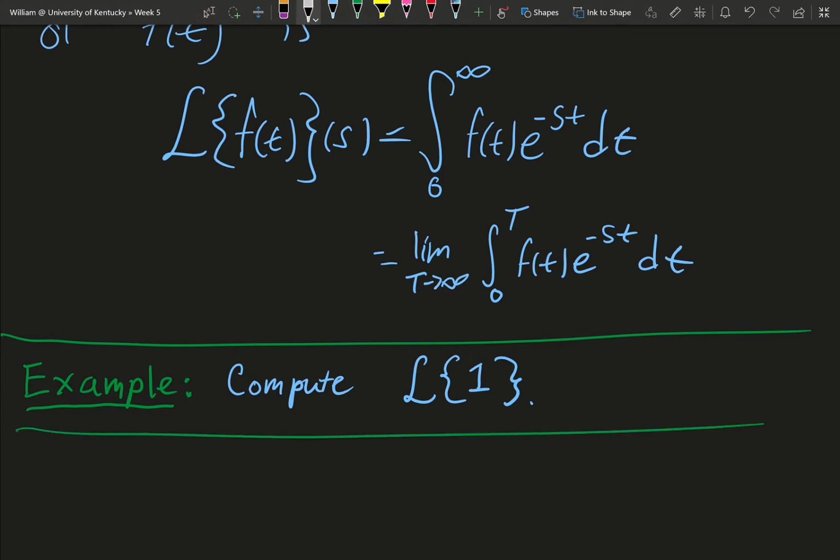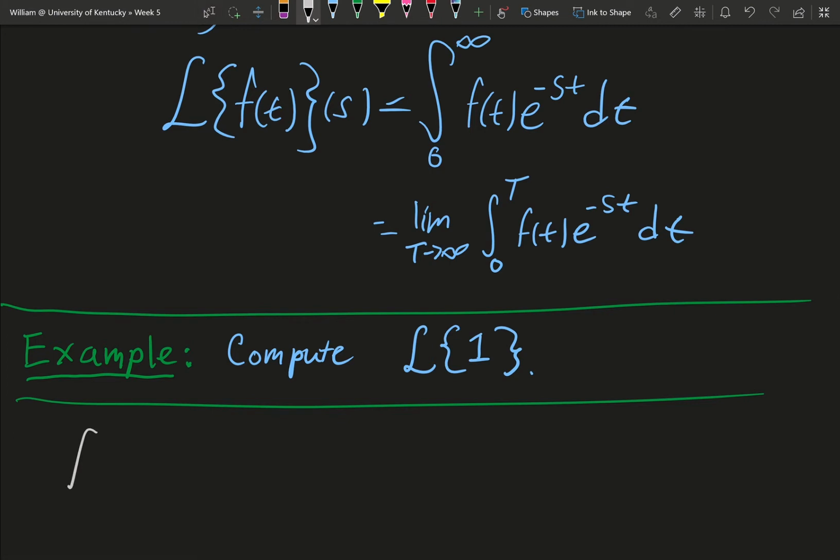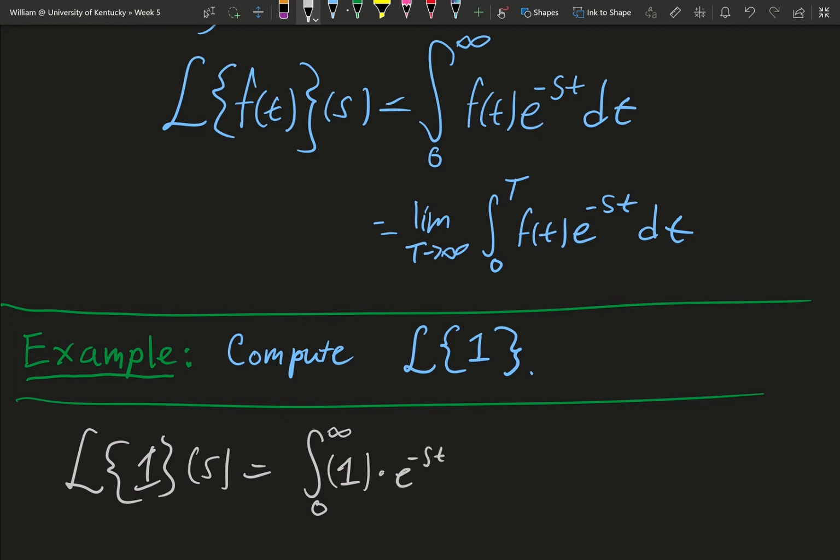You can also omit the s, but it should be there, secretly. So the Laplace transform of 1 is the integral from 0 to infinity of 1 times e to the negative st dt.